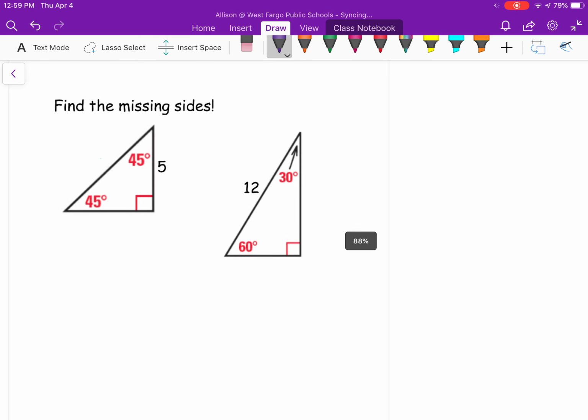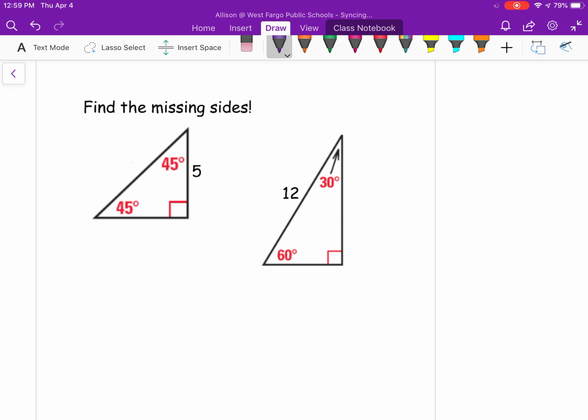So let's practice this a little bit. We'll find the missing side lengths. The first one we have is a 45-45-90 triangle. We know that the legs are the same. So if this leg is 5, this leg is also 5.